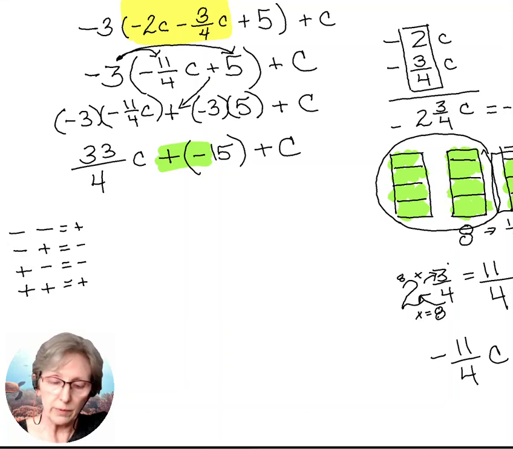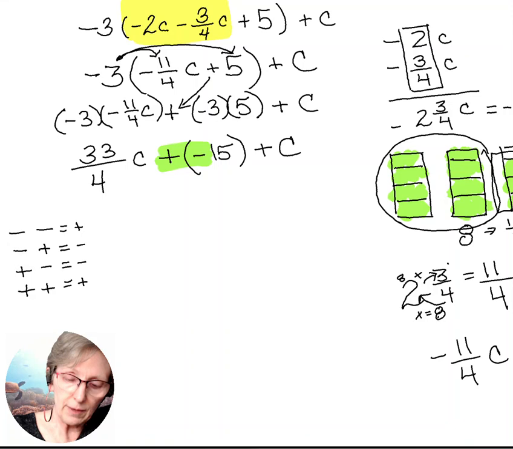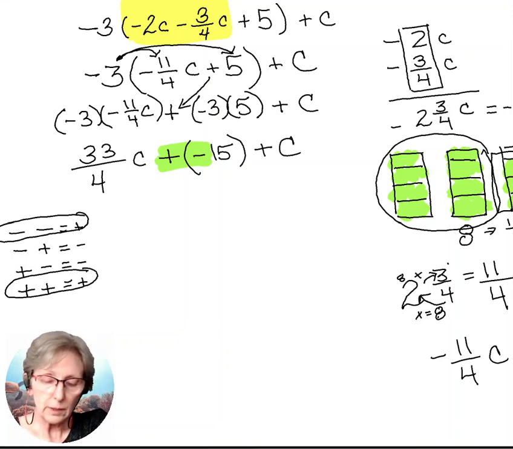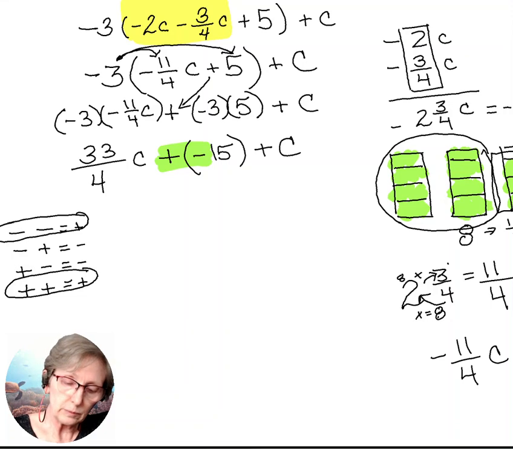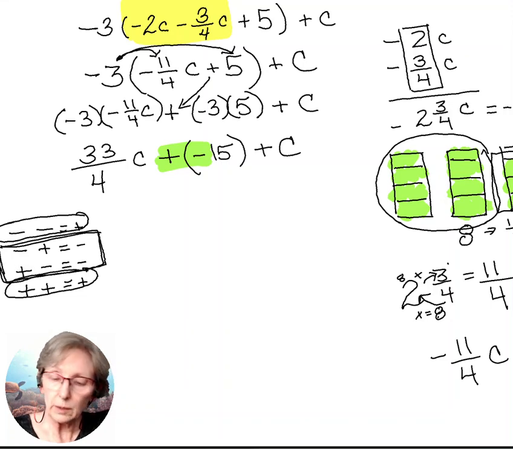The other part of it is if they match, you add. If they don't, you subtract. Up here, they don't match.